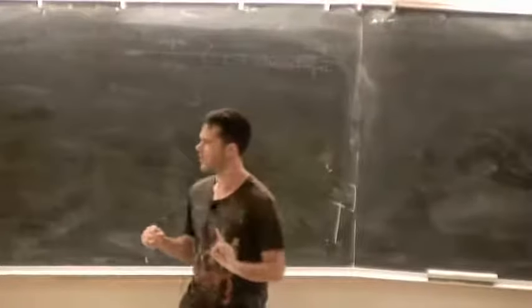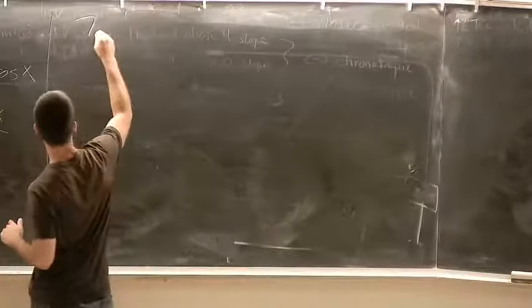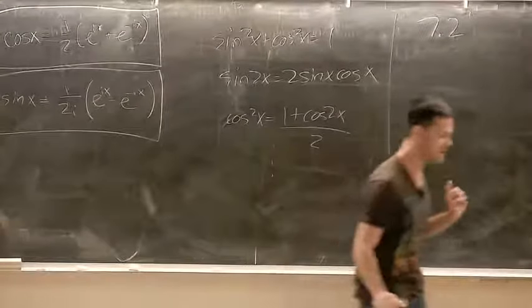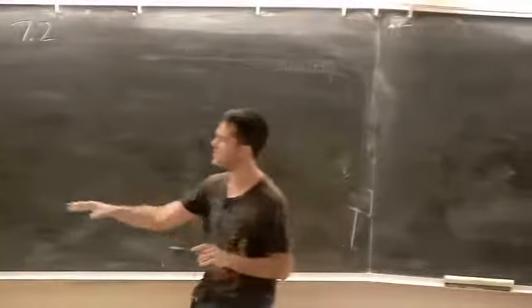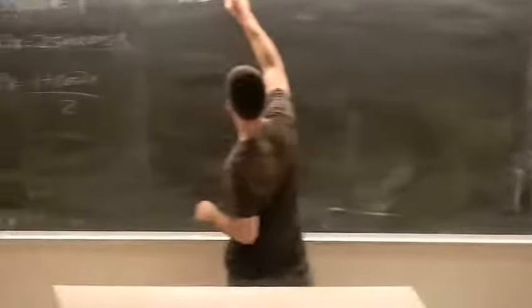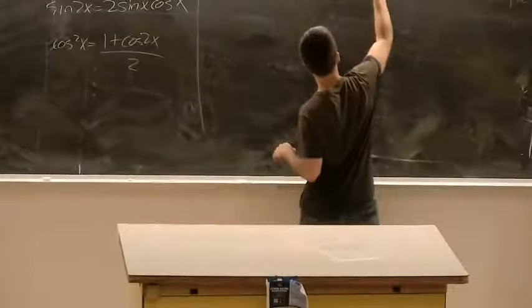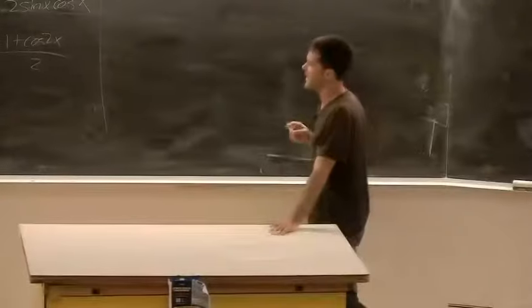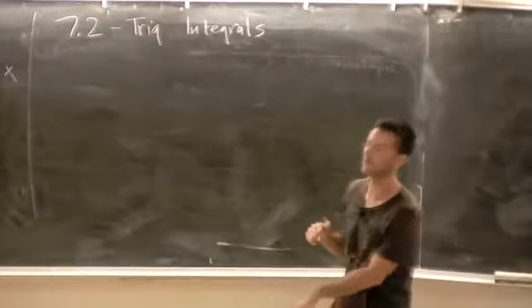But right now I need to switch gears and start on 7.2, which might initially seem like a separate topic. You'll see how these are going to apply. So 7.2 is on trig integrals. We're going to build on some stuff we already know, and we're going to do some new stuff.